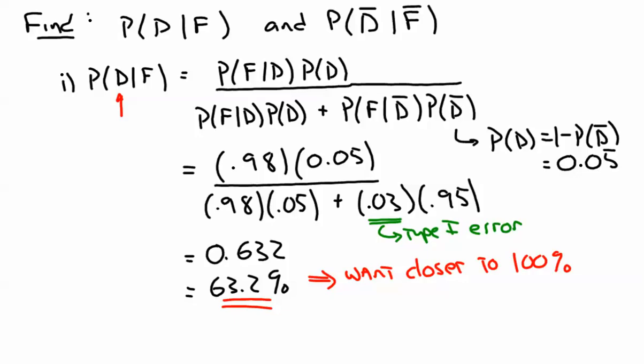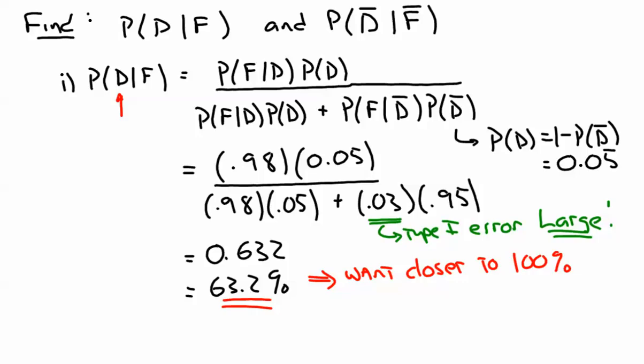All right? I claim to you that for this particular example, this is a textbook example, and textbook examples, they pick the numbers so that the results work out nicely. I claim to you that this type 1 error for this particular problem is quite large. Why is that?